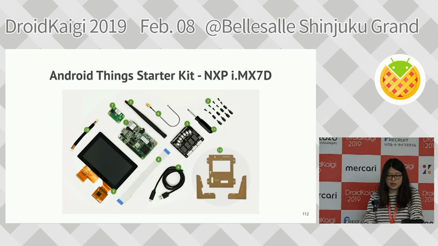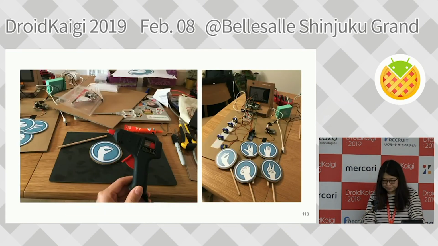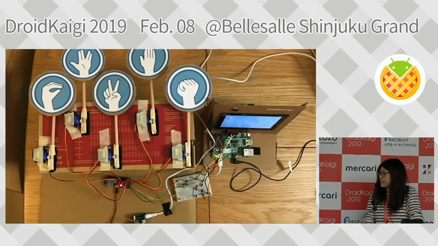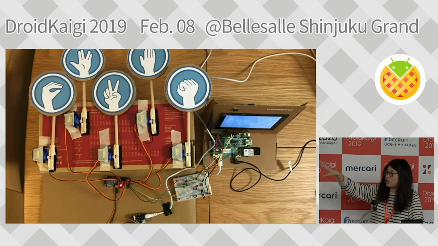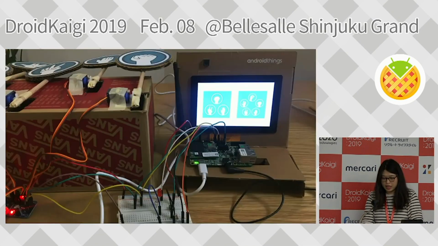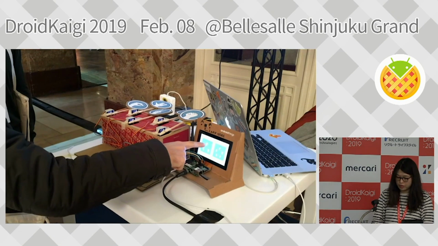Also, I used Android Things, which is convenient because as an Android developer, you have almost nothing to learn. You can just get started. In order to glue them, I had some hot glue guns and I had some little operations at my place. At the end, I used a shoebox and I just attached everything together. So this is the final version, and I'll show you a video about how it works.